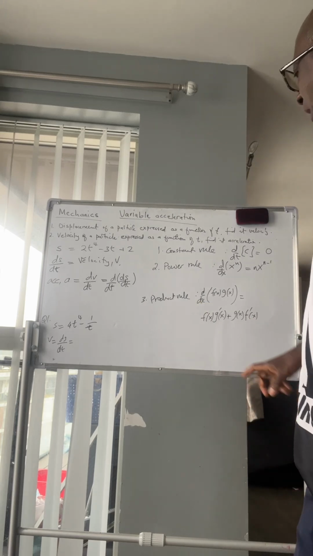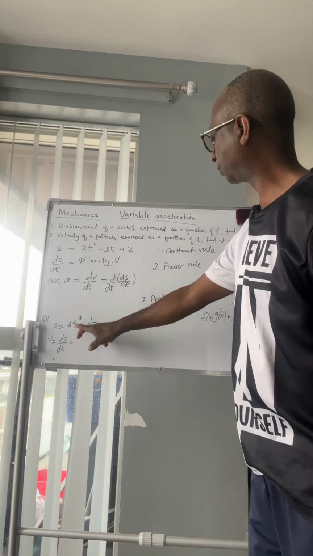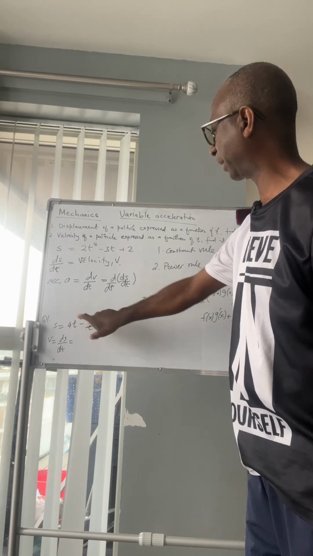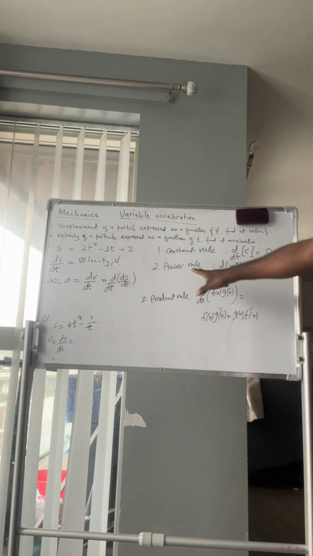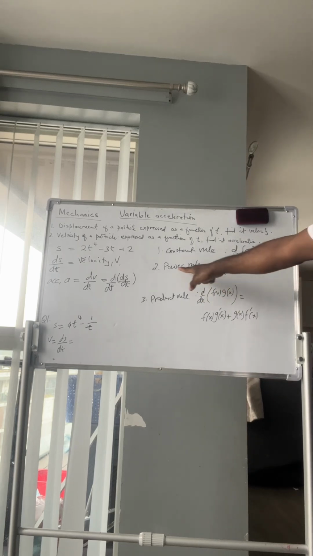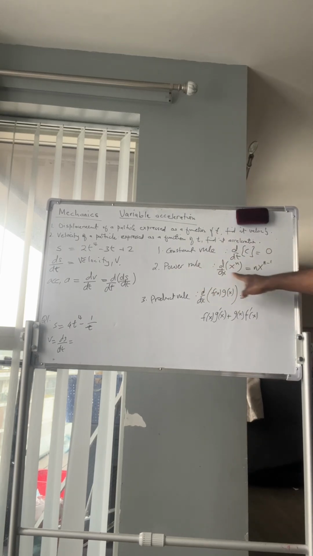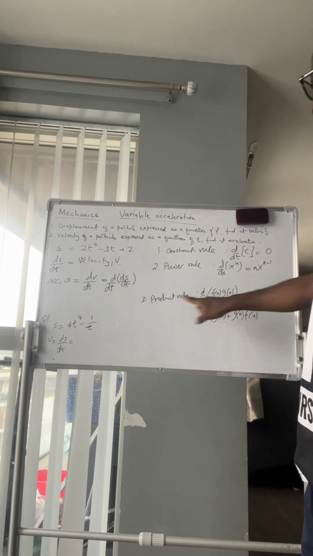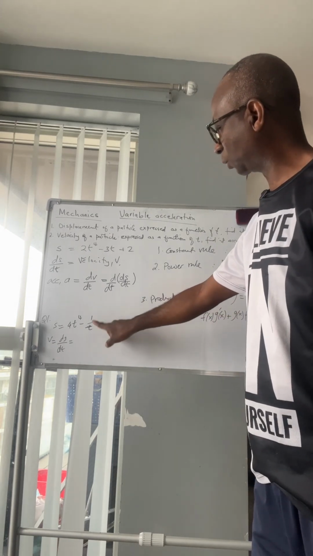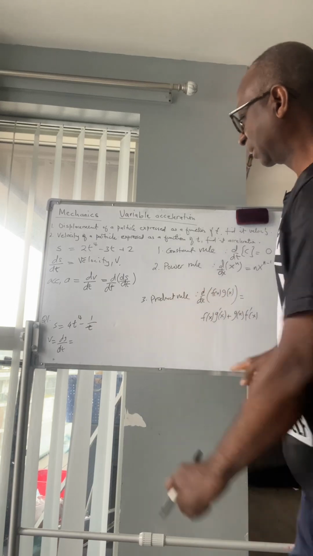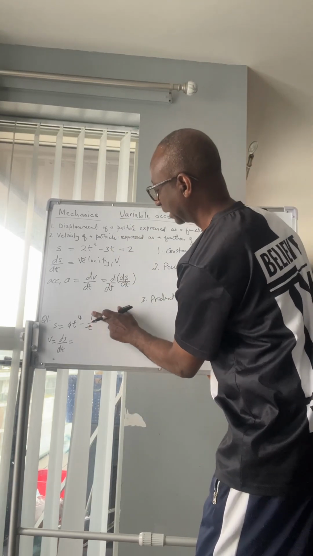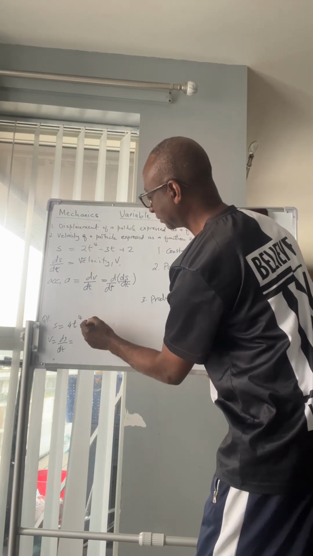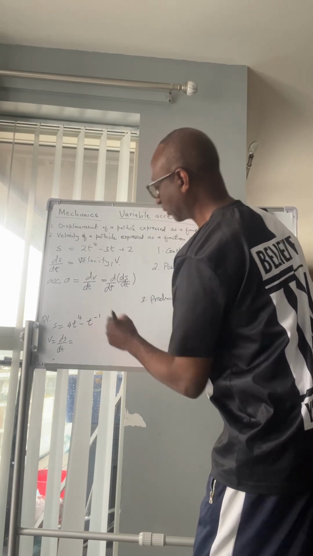So now, this has already a power here. So which rule do we use? There is a power rule here. We use this power rule formula. This is the one we use. This one here, 1 all over t, can also be a power rule if we know that 1 all over t is the same as t raised to the power of minus 1.